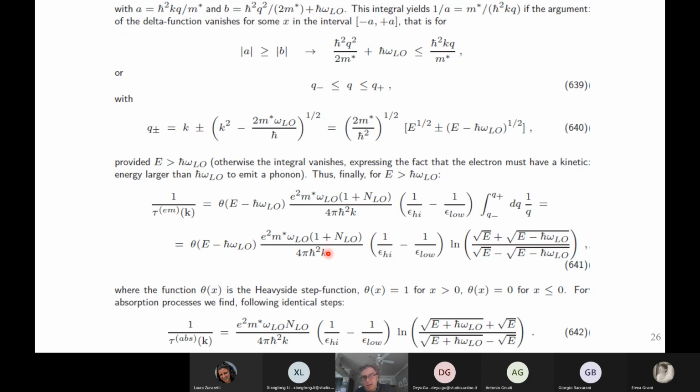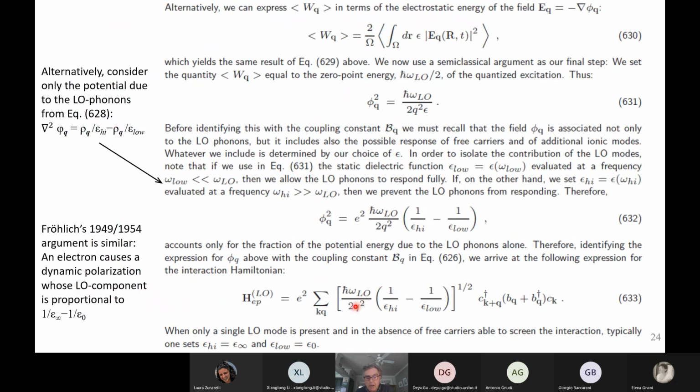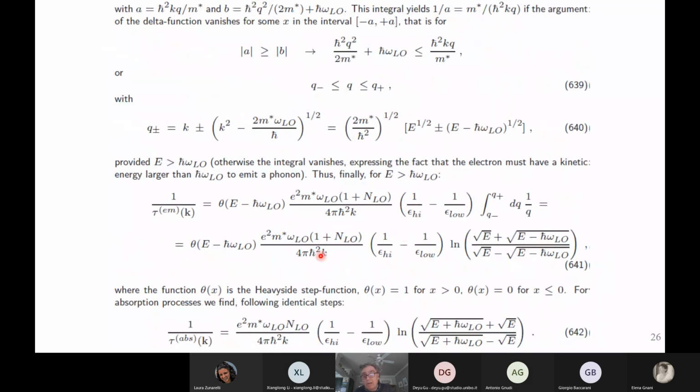The square root of the energy is essentially a combination of two factors. The fact that the matrix element squared depends on 1 over q squared gives me an energy in the denominator. But I still have the density of states to factor in, which is the square root. And so I end up with a dependence which is 1 over the square root of the energy at large energy.